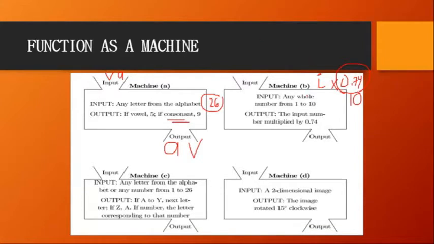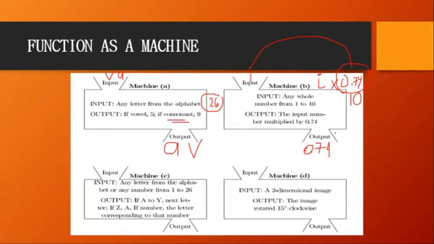So, try natin. Let's say our x is 1. So, ito yung input natin. Kailangan daw yung input imumultiply sa 0.74. So, let's say 1 times 0.74, that is 0.74. Remember, any number multiplied by 1 is itself.